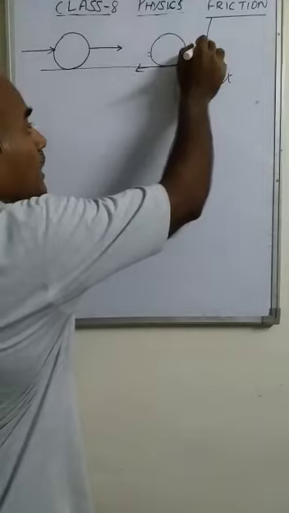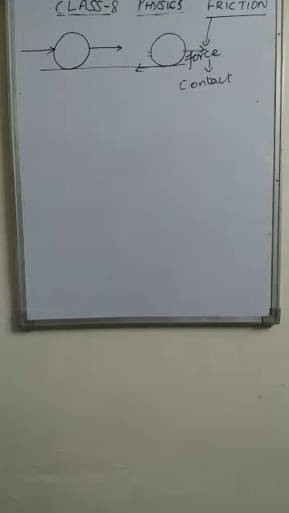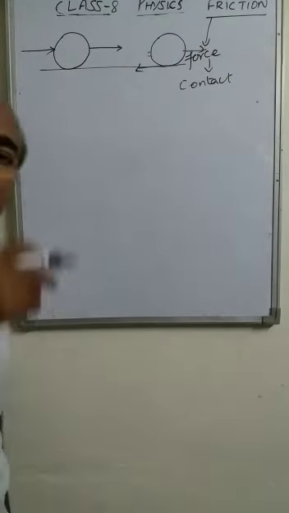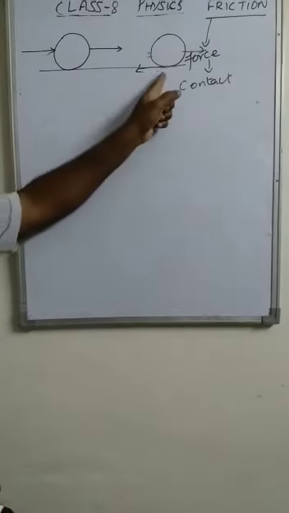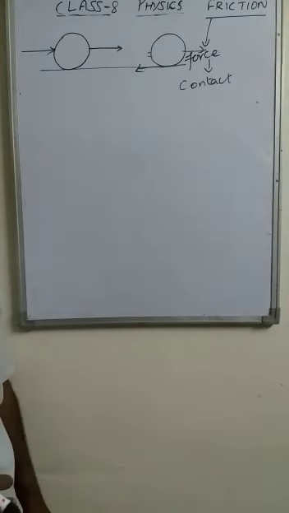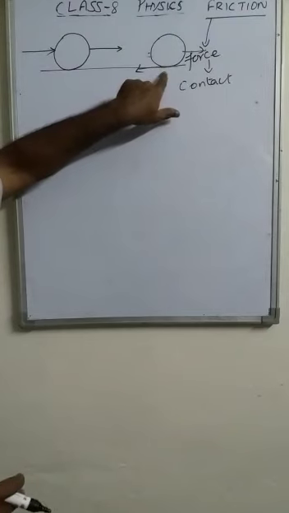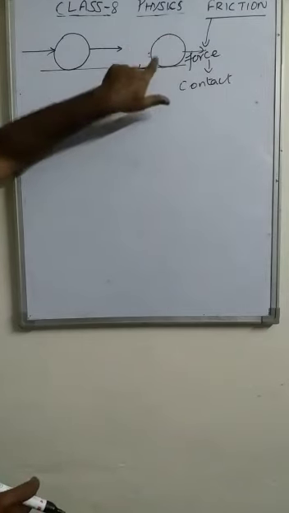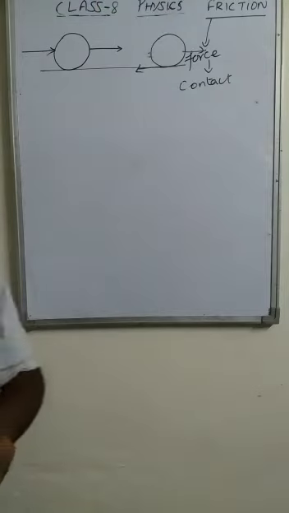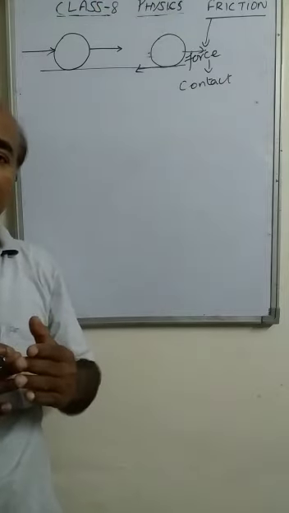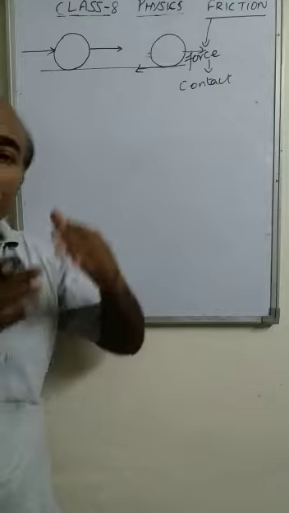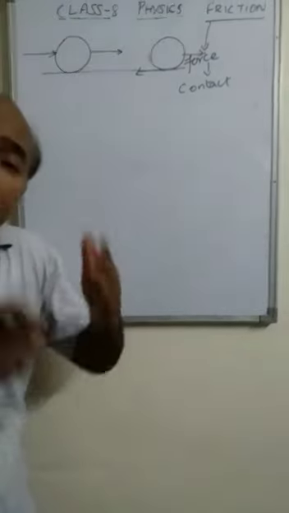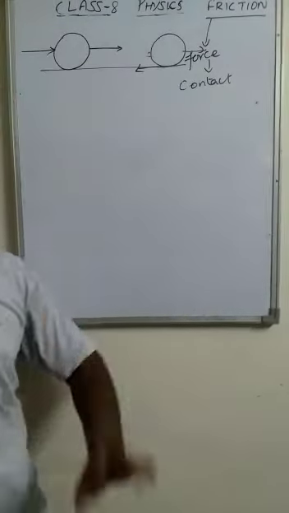Ball was moving in this direction, but the force applied by the ground is in the opposite direction. And that force which opposes the motion of the ball on the ground, we say that is the force from the ground opposing the relative motion.